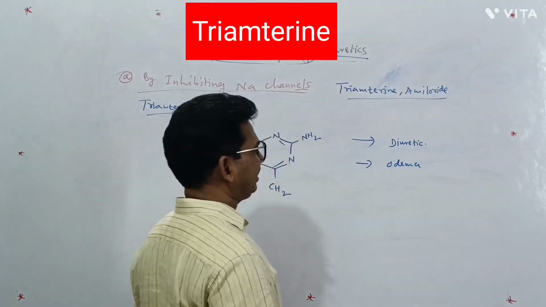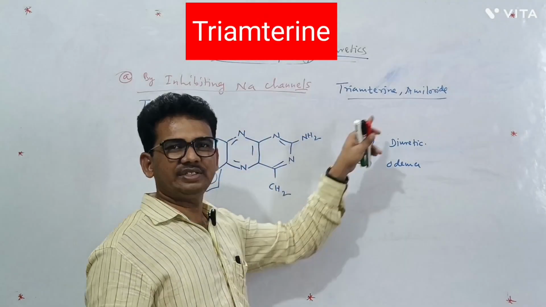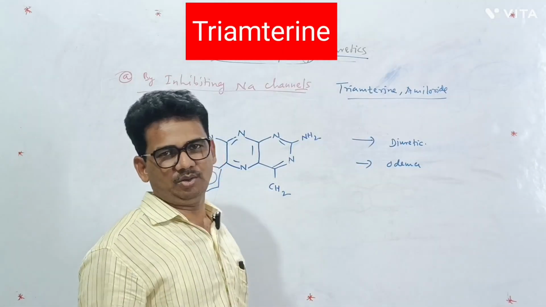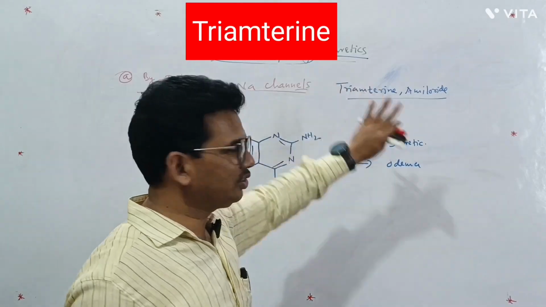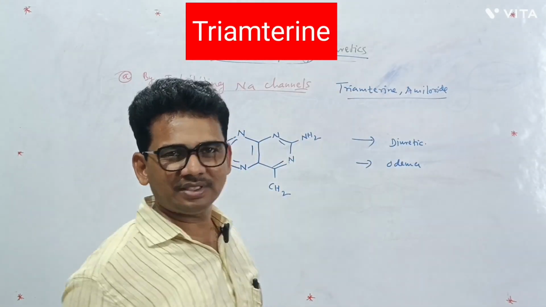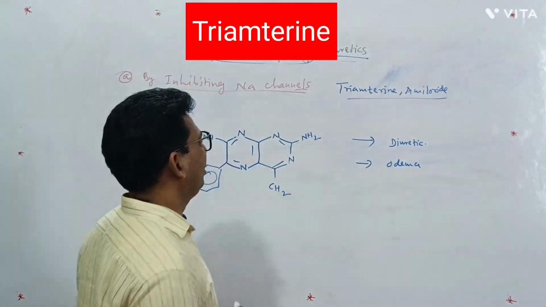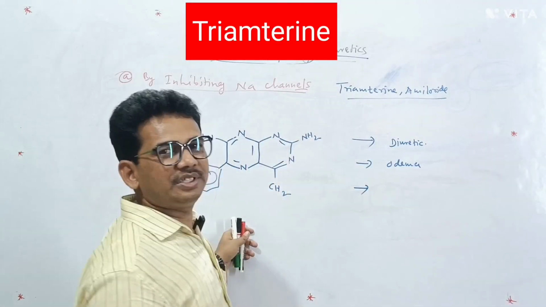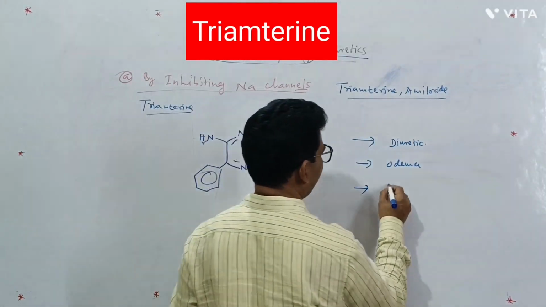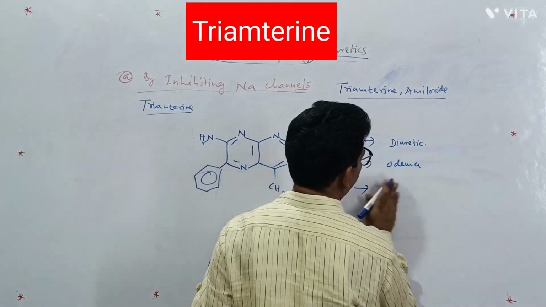No reabsorption of the salt. No reabsorption of the salt means what? No oedema. Oedema means what? Retention of the salt and water. But it prevents the sodium channel only. No retention of the salt means no oedema. Helpful in the treatment of oedema. And it is reducing the sodium. It indicates that it is useful in case of what?